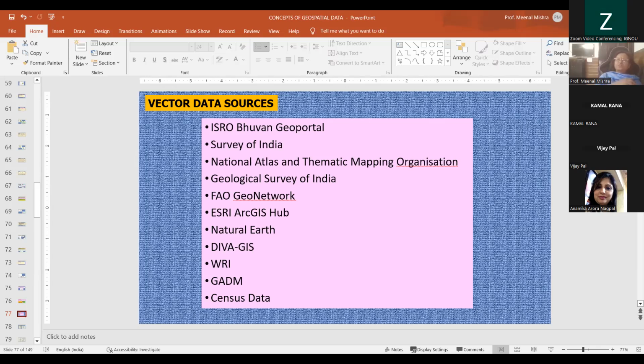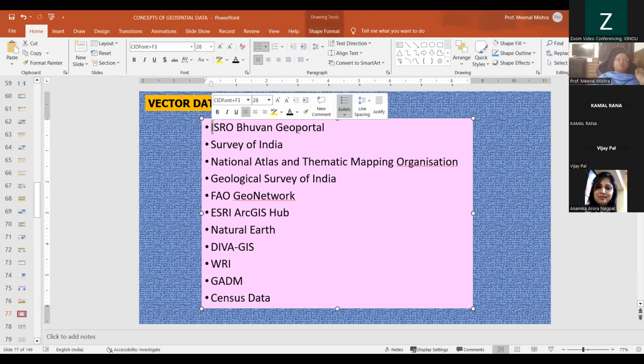So when you download this data, you should be very careful regarding its appropriateness and accuracy. The first data source we will discuss is ISRO's Bhuvan Geoportal.